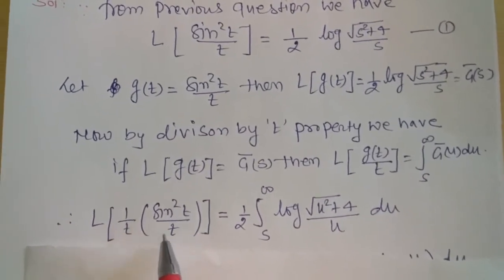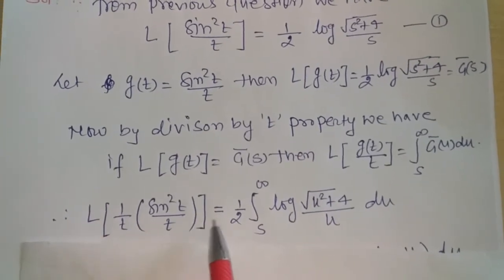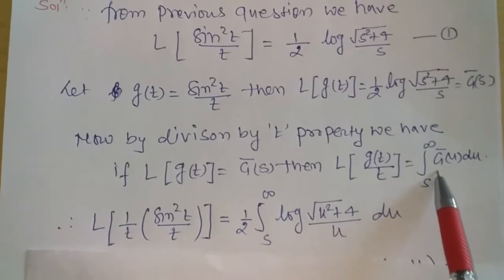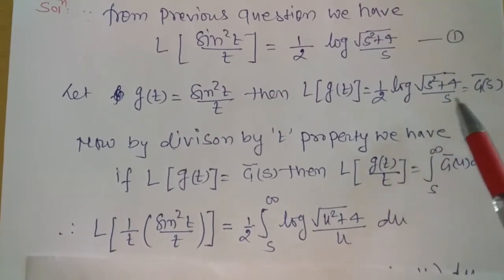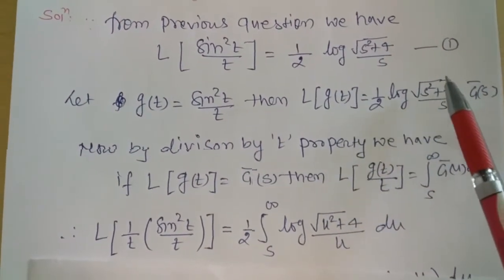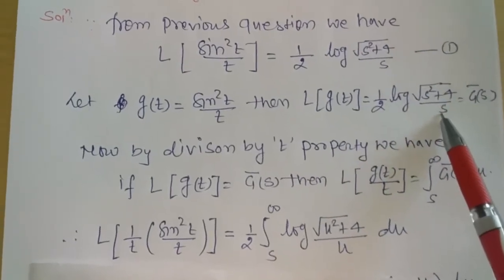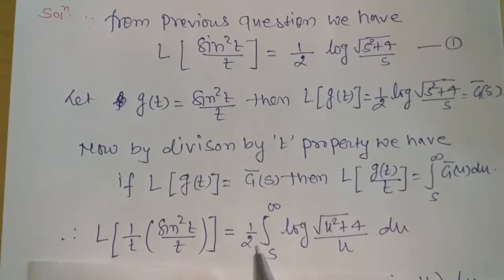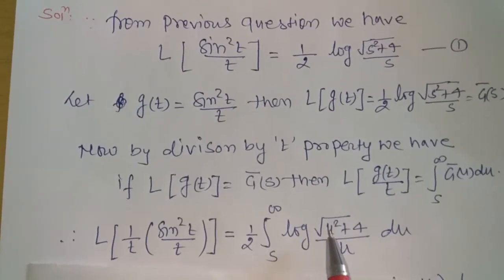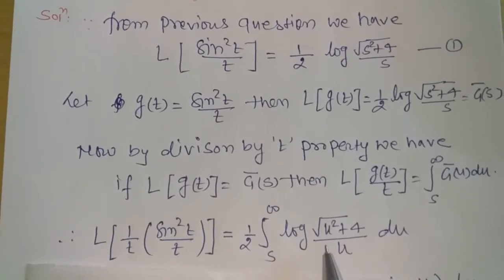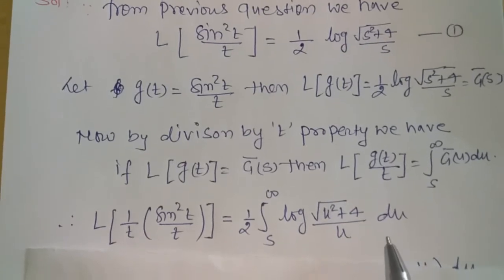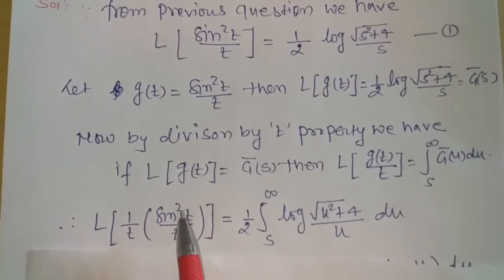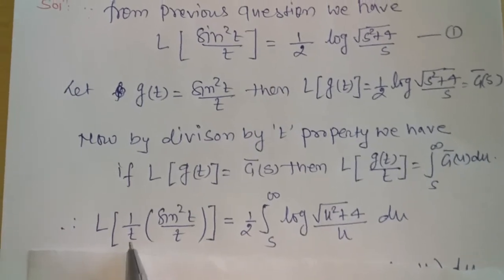So it is the integral from s to infinity of g bar u. G bar s is what? 1 by 2 log of square root of s square plus 4 by s. So g bar u is what? 1 by 2, a constant, log of square root of u square plus 4 by u du. So this integral gives the Laplace transform of sin square t by t divided by t.